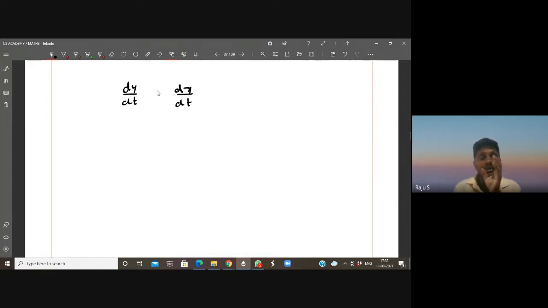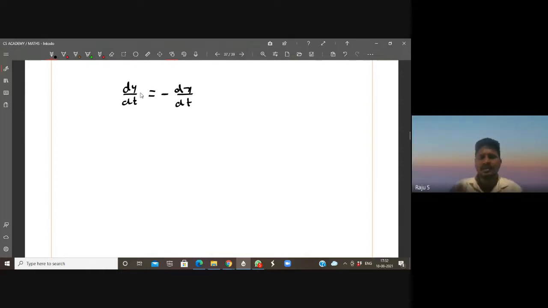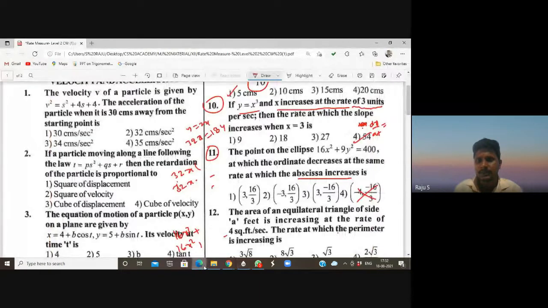So the same rate, one is increase, one is decrease, minus. Either side you can take as minus. So dy by dt is equal to dx by dt. Fine. Now we have to differentiate the given ellipse with respect to t. Okay, 16x square. Sorry.